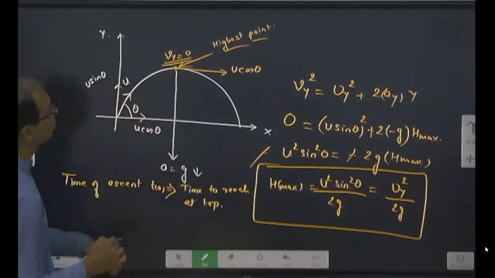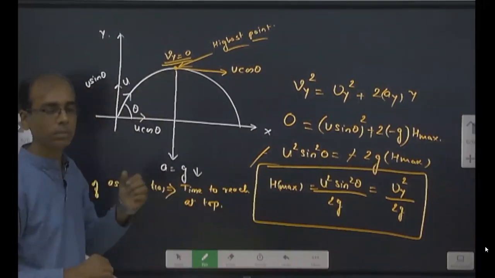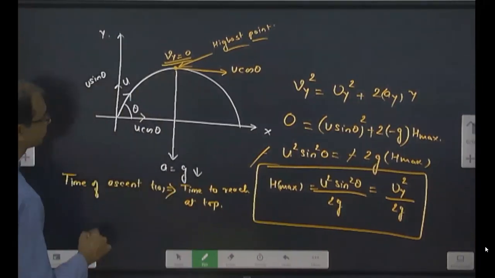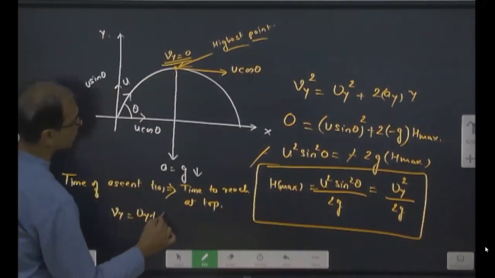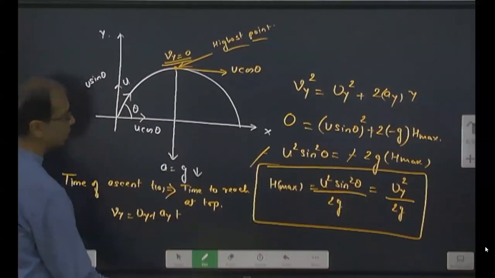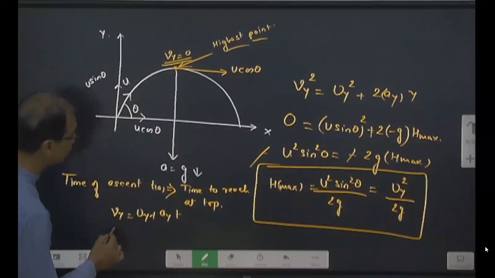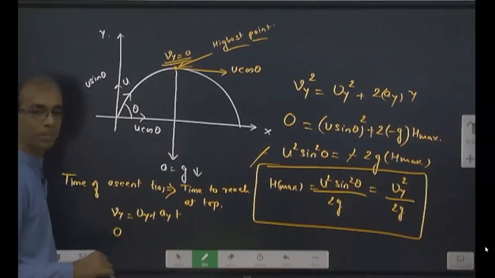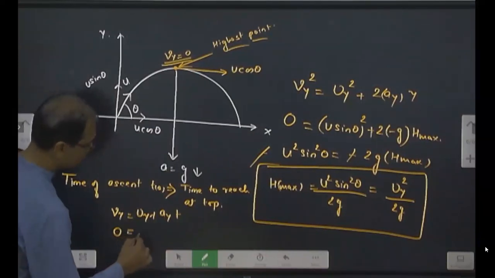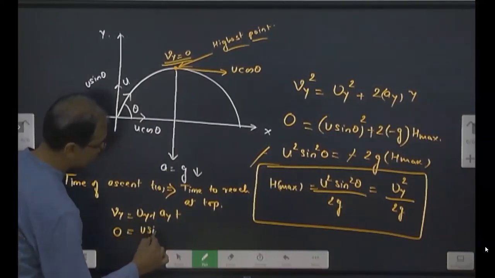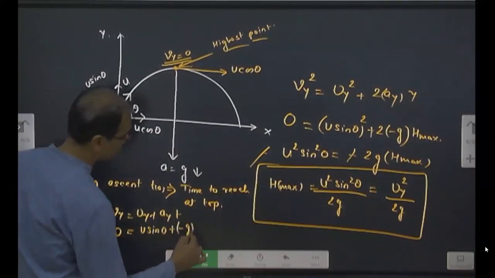So when it reaches at top, what happens to its velocity? Vertical component became 0. So what we'll write? Vy equal to Uy plus acceleration along y into t. And this t only I'm searching because I'm writing vertical velocity as 0, which happens only at the top. So Vy is 0. This is u sin theta. Acceleration is minus g into t.